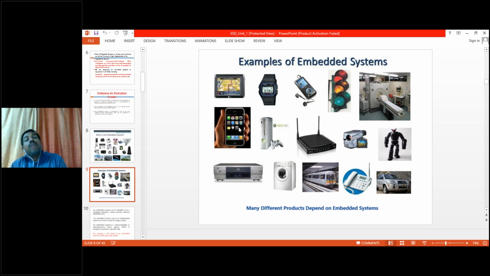Earlier it was time based. A person had to wait a specific time, even if there was no traffic. Now, depending on the density of traffic on each side, that is the input. Output is the red, green or orange LEDs glowing. This is also one example of an embedded system.